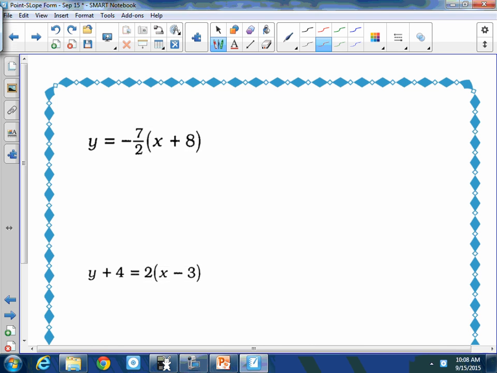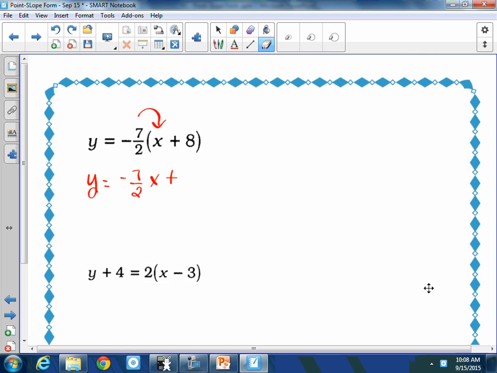Okay, so I'm going to do this last bit for you, and then I want you to try the other two. So I need the slope and the y-intercept. So let's go ahead and distribute. Y equals -7/2x minus, no, it's not a plus, I'm sorry, it's a minus. That's -7/2 times 8.